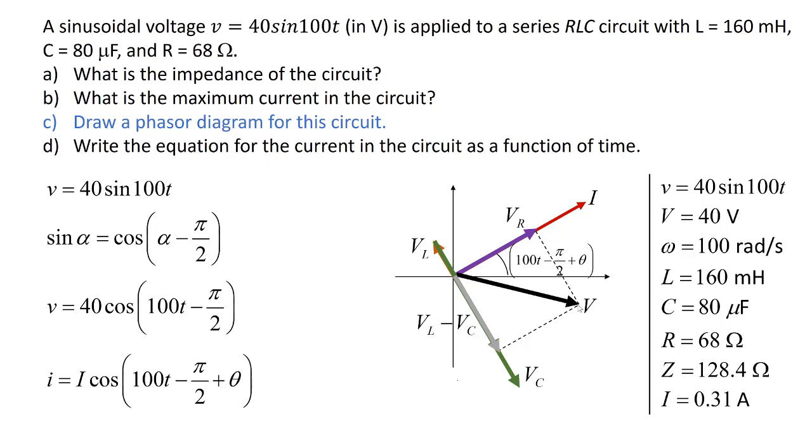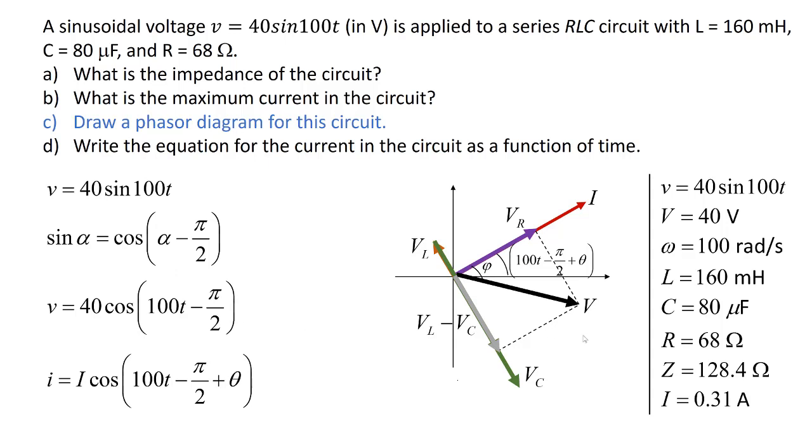Now this phasor makes an angle phi, which is the phase angle, with the current phasor. But with the horizontal axis, the angle that the phasor V makes is 100t minus pi over 2.